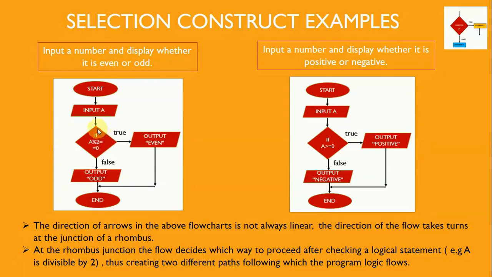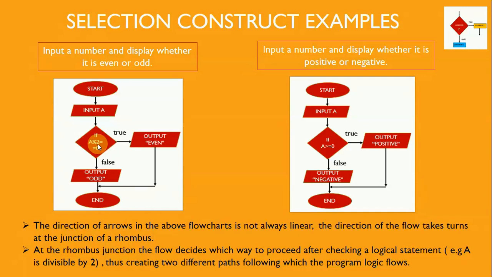For this, I will use a rhombus as a decision box. I will write the statement if A modulus 2 equal to 0, as modulus gives the remainder of the division of A by 2.